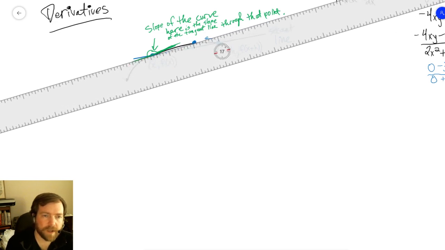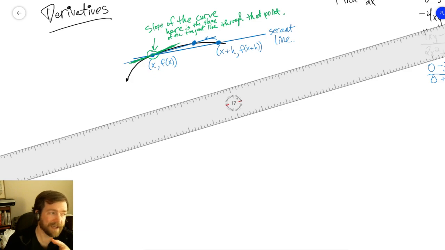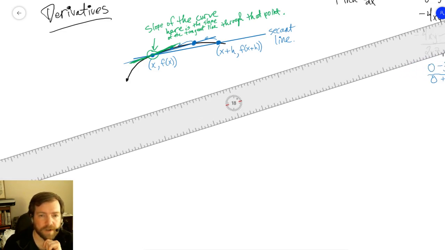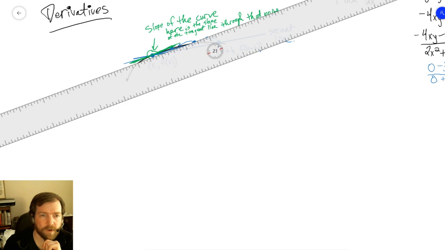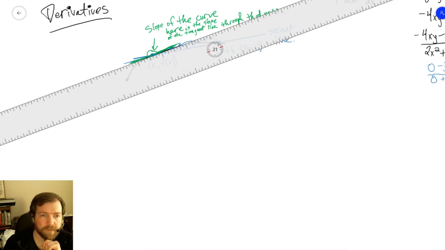Then what we end up getting is something that is, at the very least, closer to the green line. It's, again, not perfect, but it's at least closer. And then we continue this process, and we keep moving this blue point in further and further, and we start getting closer and closer approximations for this particular slope.